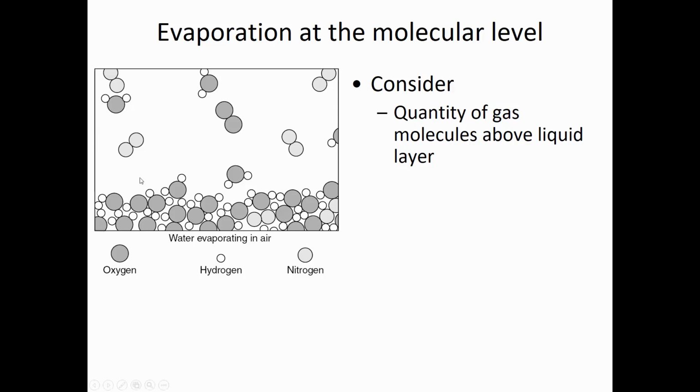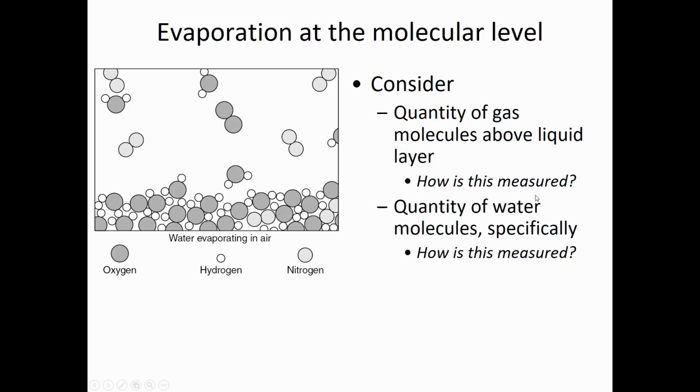So if you want to zoom in on the interface between liquid and gas, there are some molecules above the liquid layer, and the way that we measure that is generally in terms of the partial pressure.